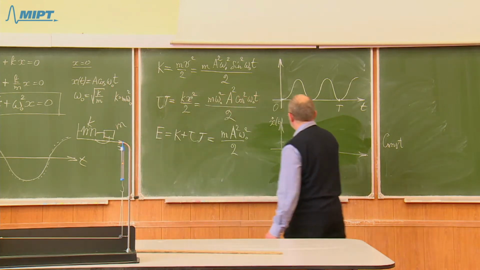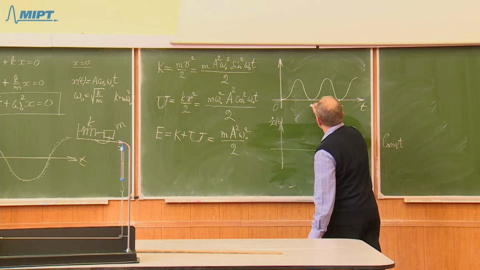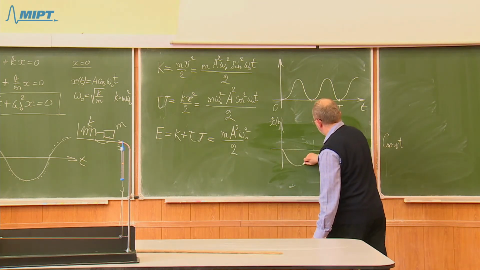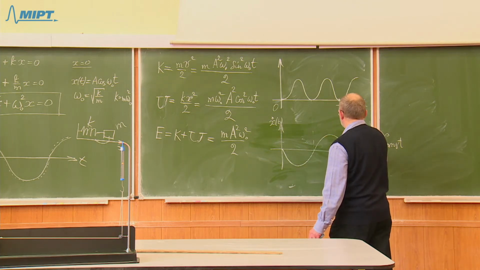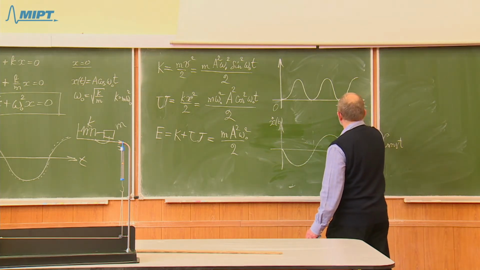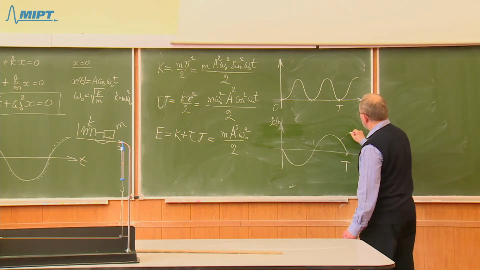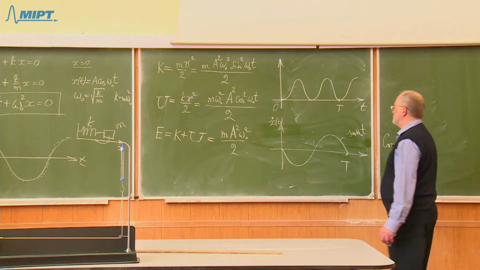So minus sine will be this function. That is the period. This point is period. So this is minus sine omega t.